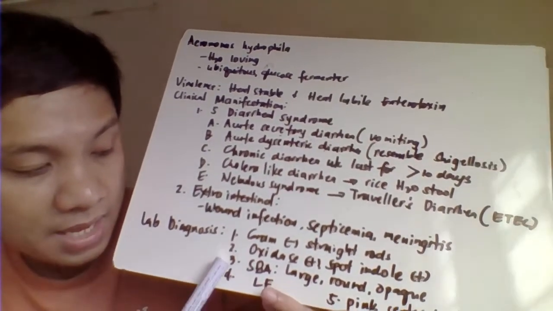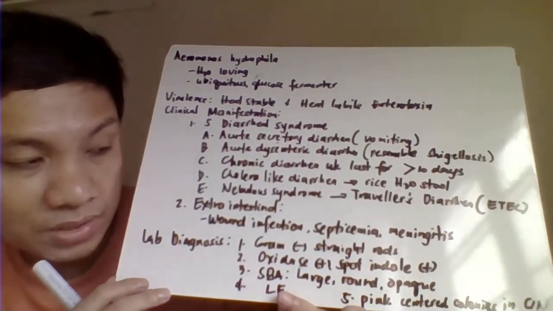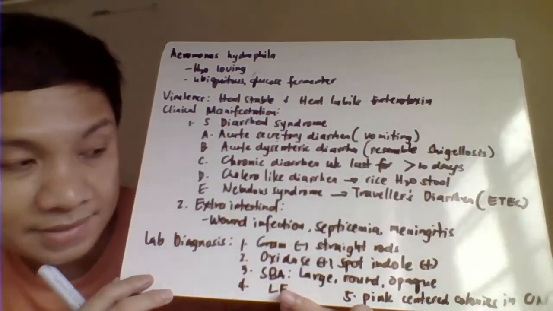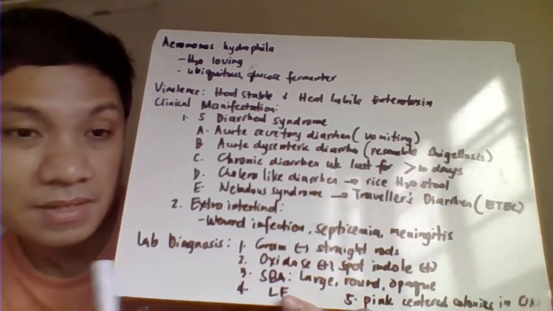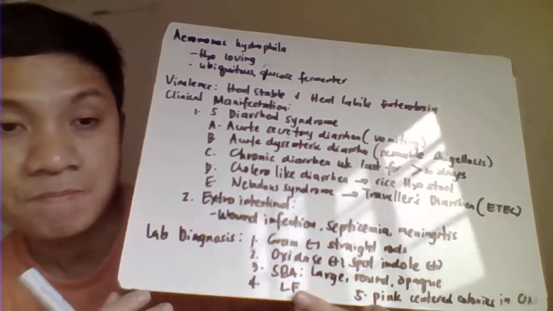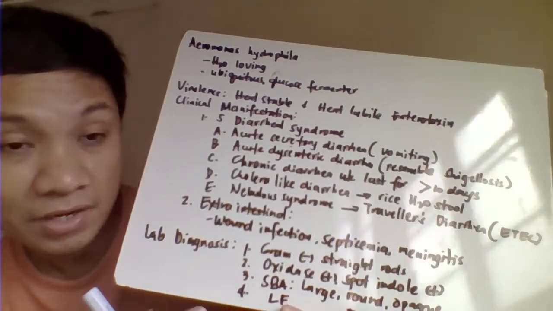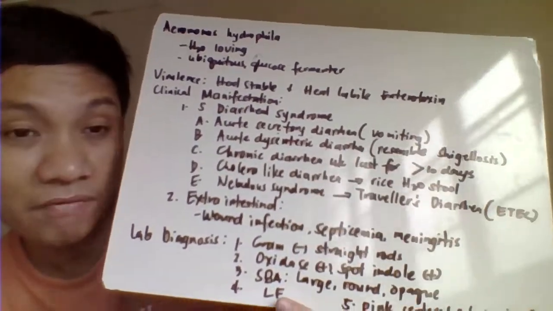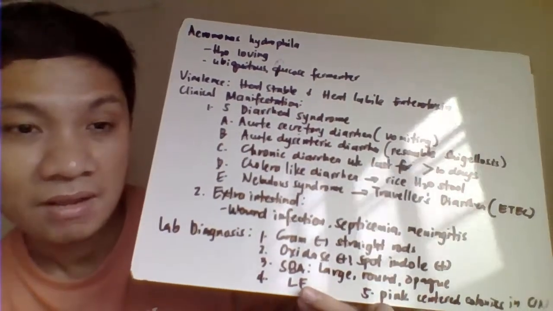In the SBA, it appears as a large colony, round, raised, and opaque. It is also oxidase positive, spot indole positive, and a lactose fermenter. So we have two lactose fermenters in this group, Vulnificus and Aeromonas.